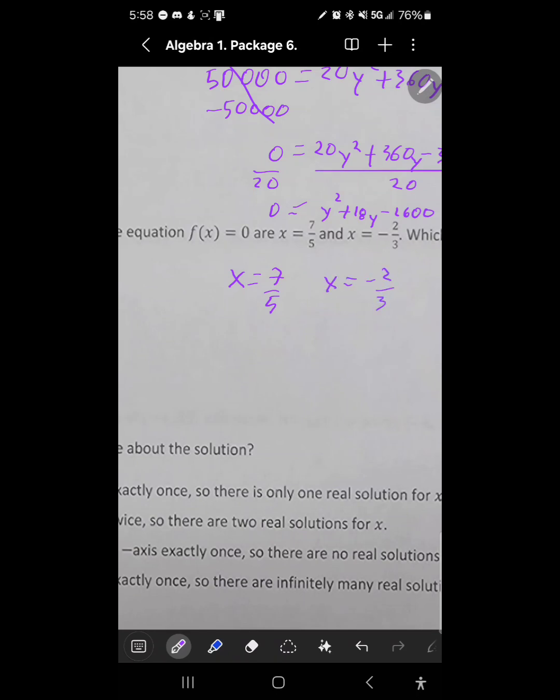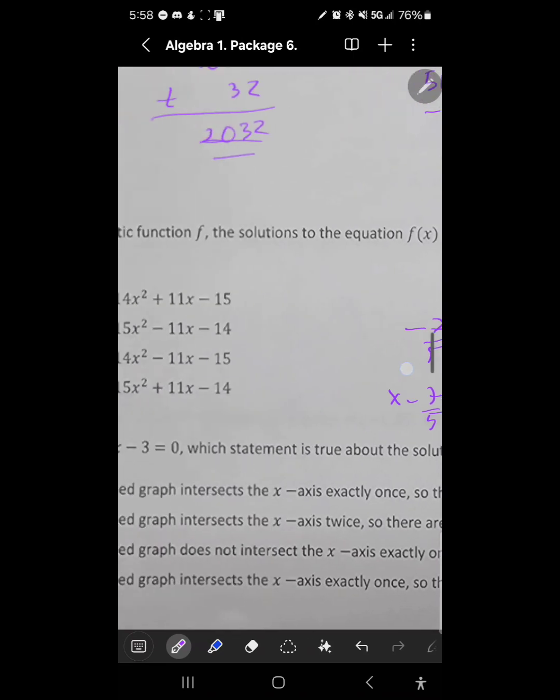Now we want to make this equal 0, so I'm going to subtract 7 over 5 from both sides, and add 2 over 3. So this cancels out. So I have that x minus 7 over 5 equals 0, and x plus 2 over 3 equals 0.